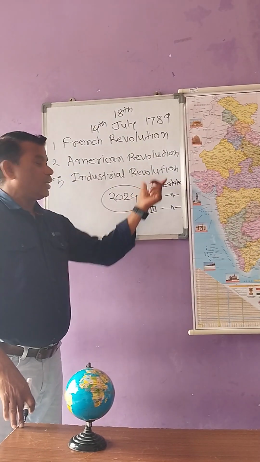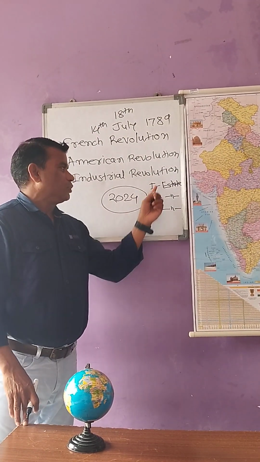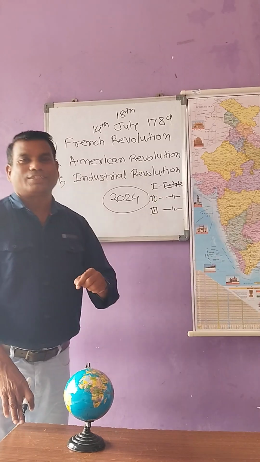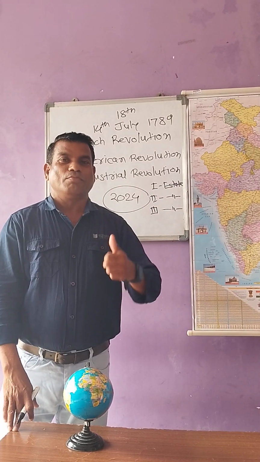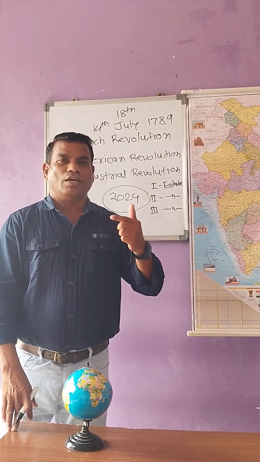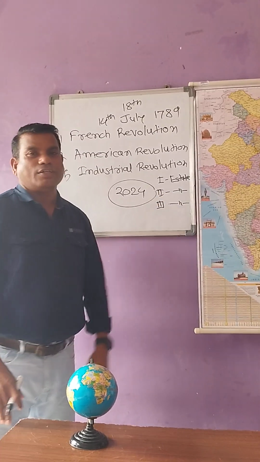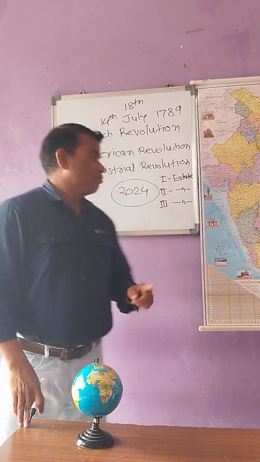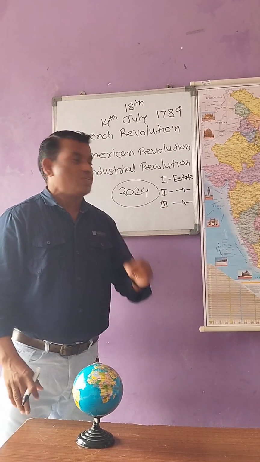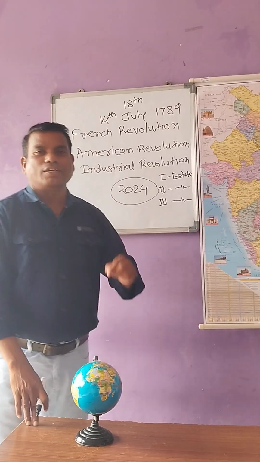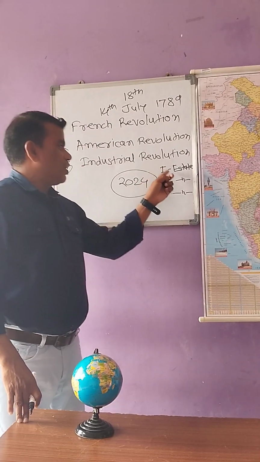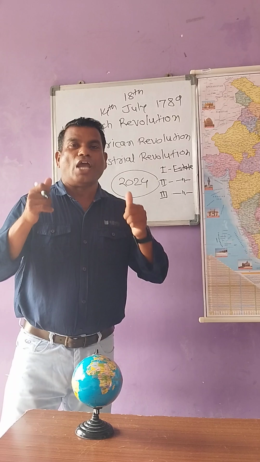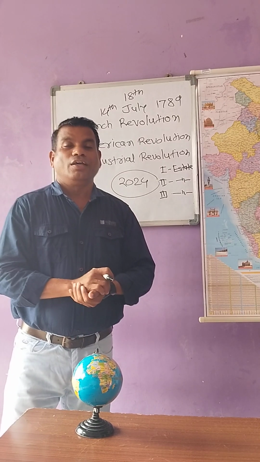The first state consisted of nobility, meaning kings, queens, emperors, the second state consisted of the clergy, and the third state consisted of farmers, peasants, laborers.